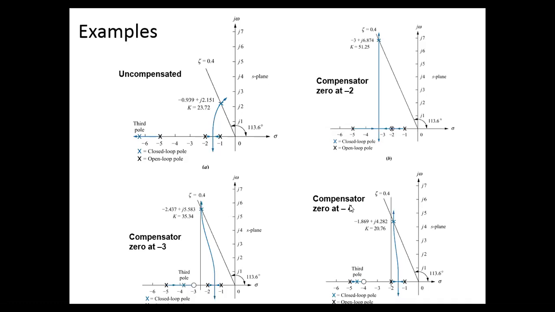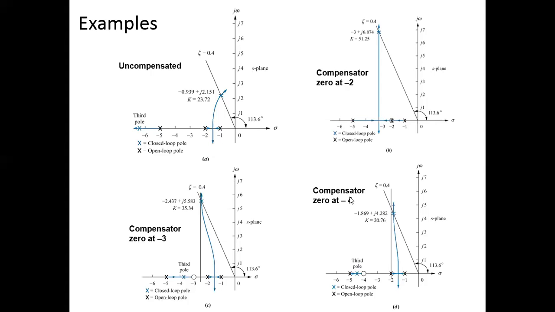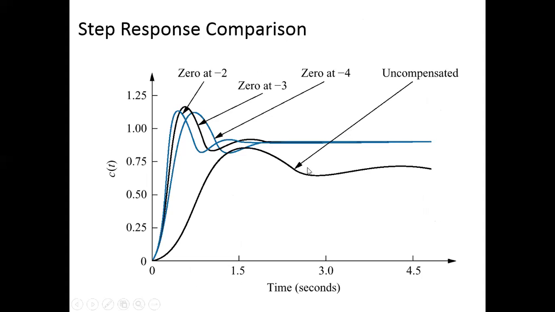Also, the compensated dominant closed loop poles have more negative real parts than the uncompensated dominant closed loop poles. In this figure, the step response comparison has been done. This is the uncompensated system, and these are three different cases with the zero at -2, -3 and -4.